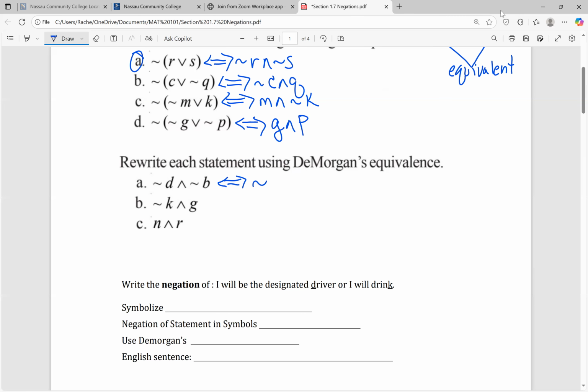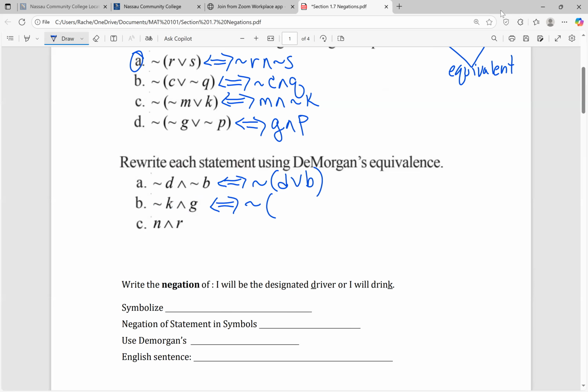So a not D is going to be D, the and becomes an or, and then change not B, right? So take not B, which is going to become B. So this is not D or B. So for B, we have not K and G. So we have to take out the negation, but then think about now we have to negate each one of these simple statements here.